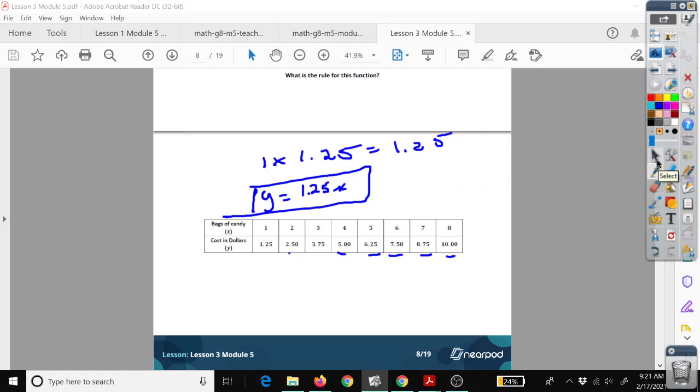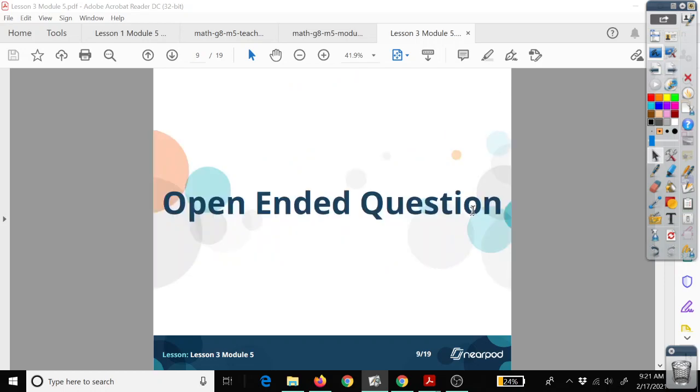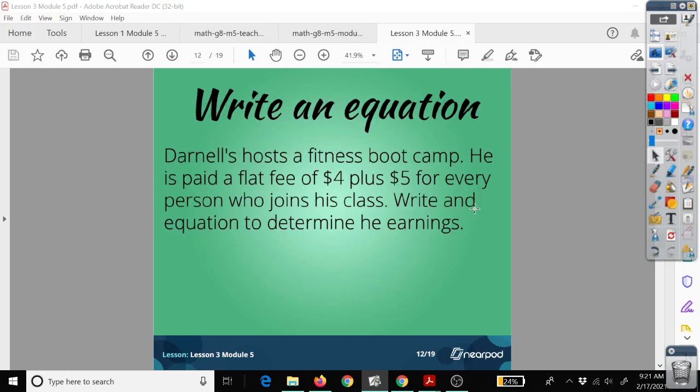If every time I put in the same number and multiply, I will always get the same answer. That's how I can memorize my multiplication tables. All right. So let's move on. So that was from a table. We found a rule that made it a function.